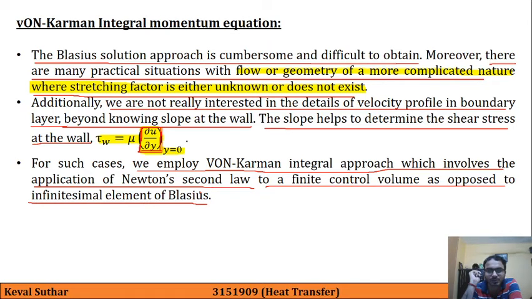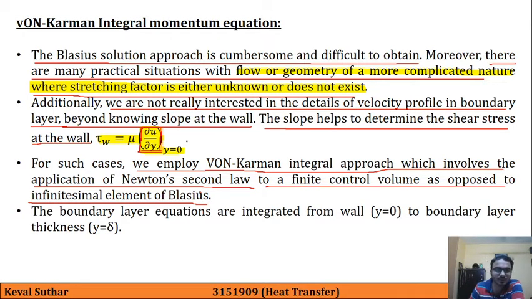Now in case of von Karman integral approach, we are going to use finite control volume and apply Newton's second law of motion. The boundary layer equations are integrated from the wall, that is at y equal to 0, that is flat plate, to the boundary layer thickness y is equal to delta. So we are going to do this.